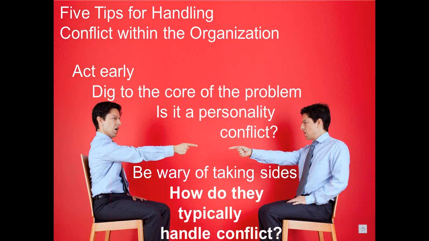And then this last tip on this slide, how do those involved typically handle conflict? What's worked in the past? What has not worked? What might we all learn from flexing our conflict style to what is needed in that particular situation? With TKI, people have behavioral clues as to their preferred conflict modes.